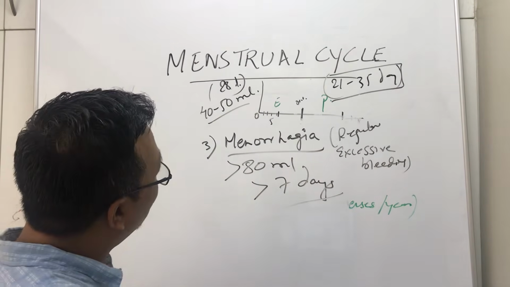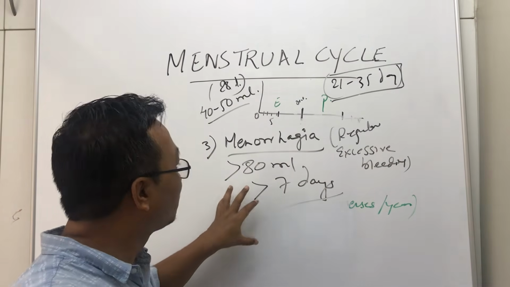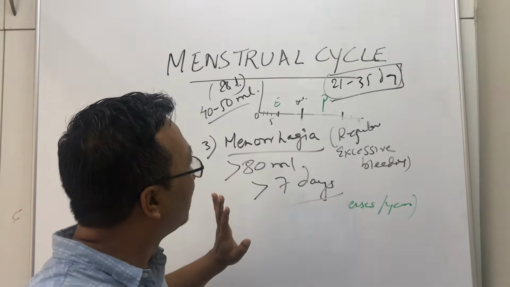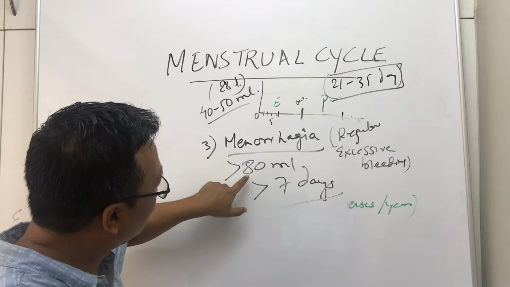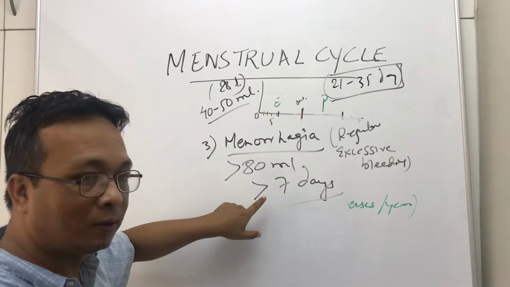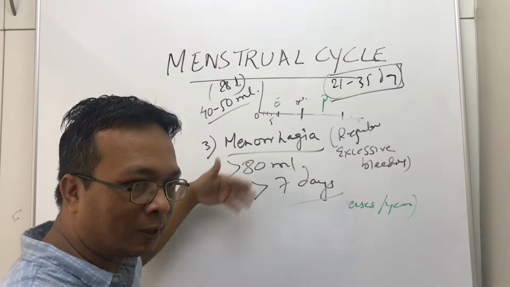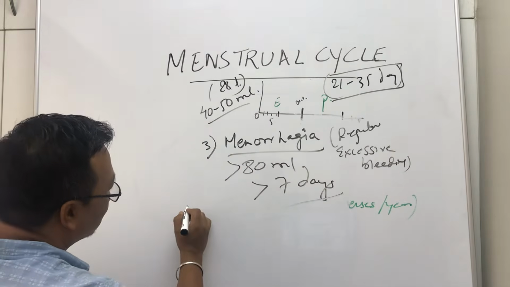So then you call the term menorrhagia. There is lots of blood loss and also lots of bleeding for more than 7 days. We'll come to details later, I'm just giving the terminology first.